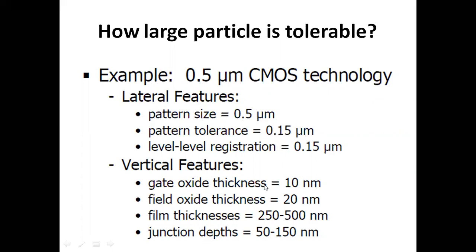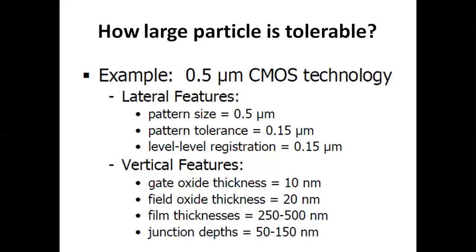So for example, even a 1 micrometer dust particle could ruin your fabrication. A human hair of 100 micrometers could ruin your fabrication process. It could ruin your device. So it is not tolerable to have dust particles inside the clean room.